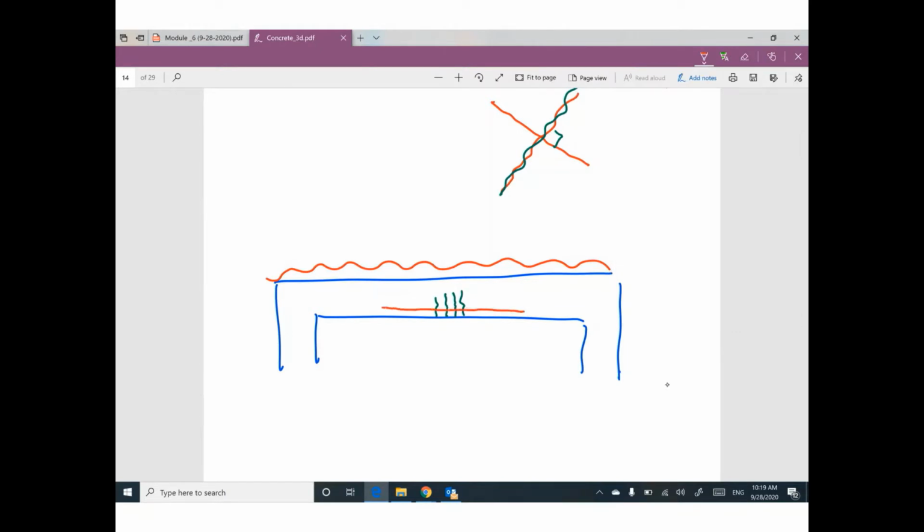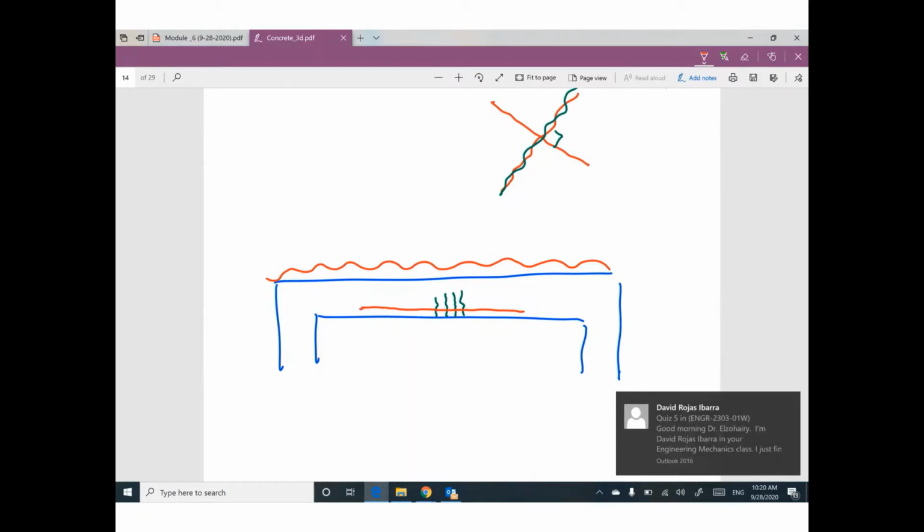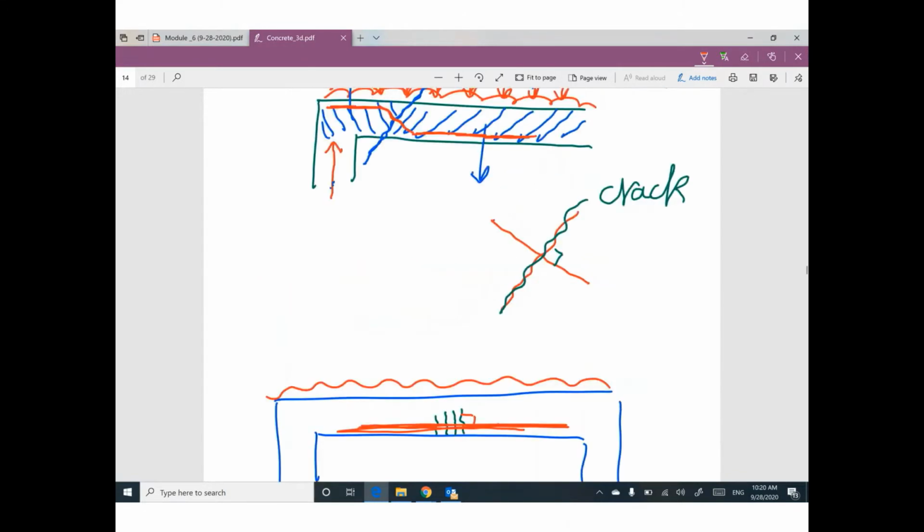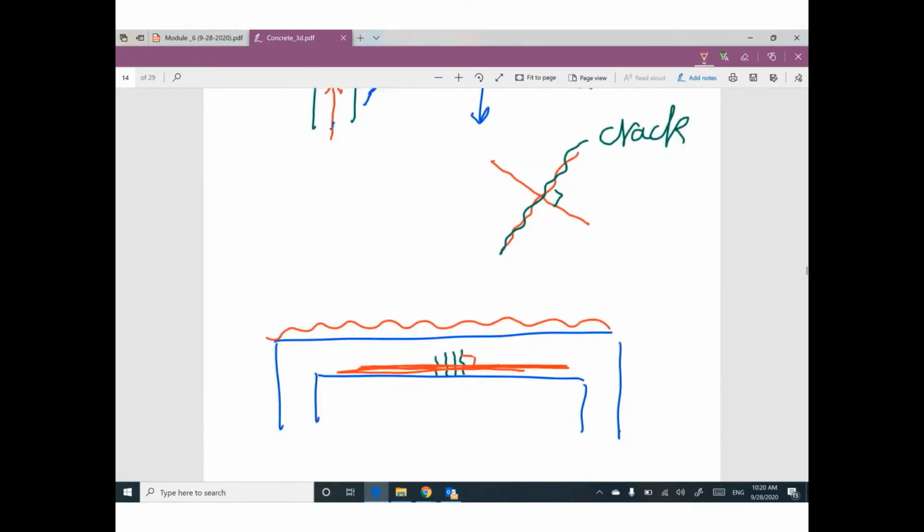This is the reason why we put steel reinforcement like this at the bottom of the beam. But this is for moment. I'm talking here about moment. Your cracks will be vertical cracks at mid-span, because you have maximum moment at mid-span, W L squared divided by 8. So at maximum moment, we can expect a crack.